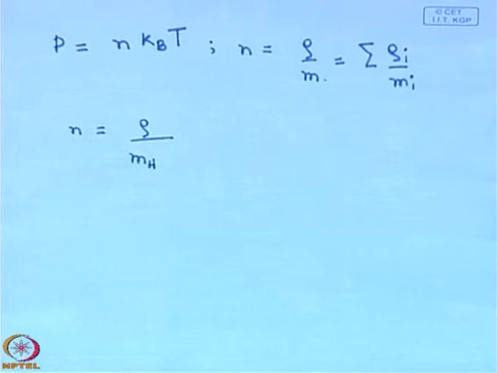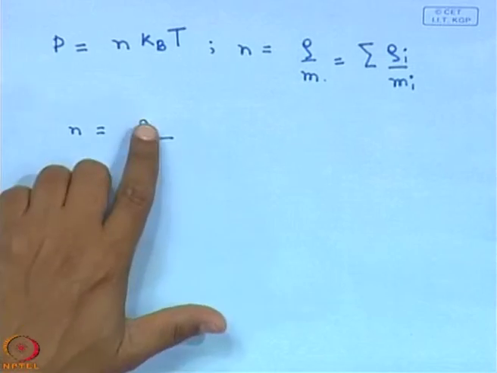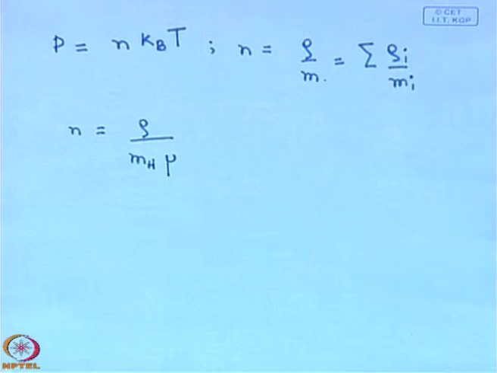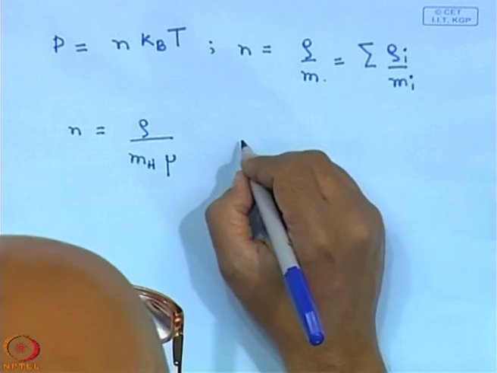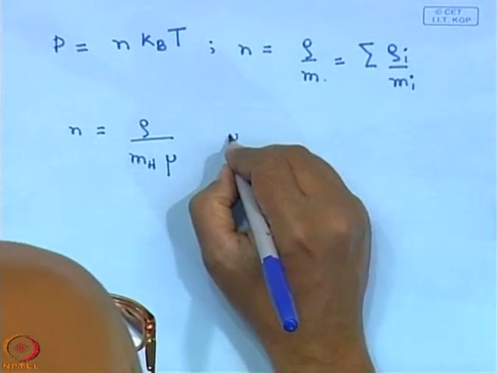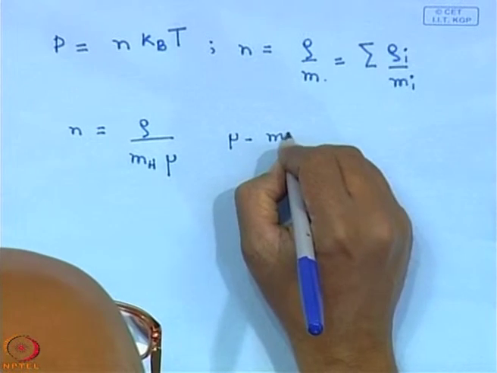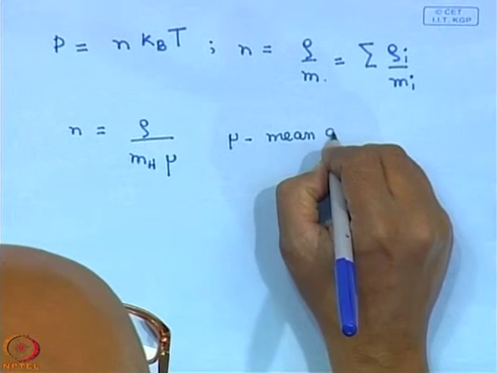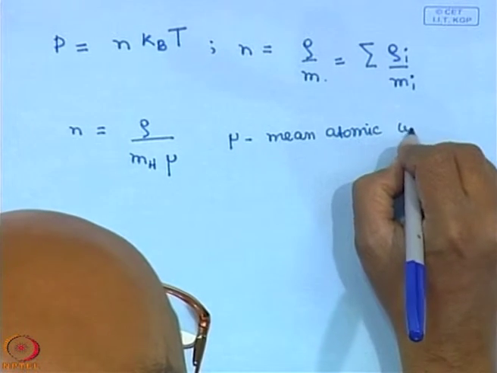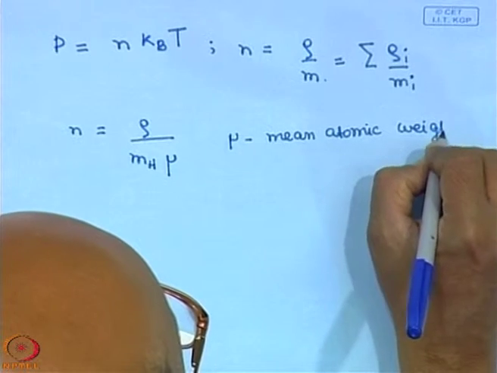So if it were purely hydrogen atoms, this is the number density that you would have, into this factor mu, which is the mean atomic weight of the constituents. Okay, so mu is the mean atomic weight.